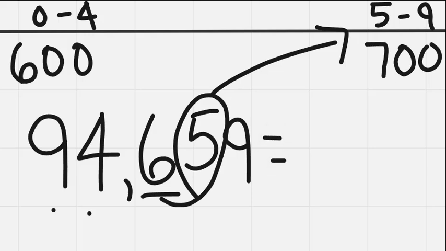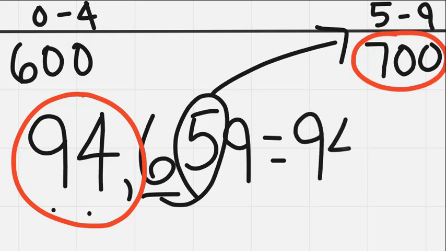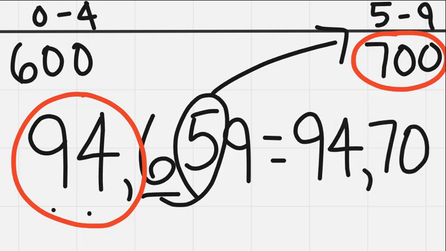So when we write out our answer, we'll write out the 94,000 and then the 700. We write 94 for 94,000 and then we write 700 because the 5 tells 659 to round up to 700. Be sure to check your answer.